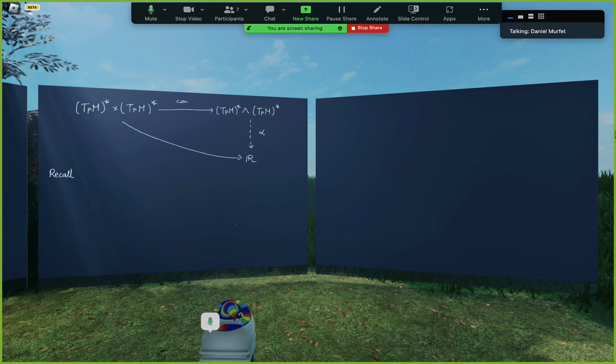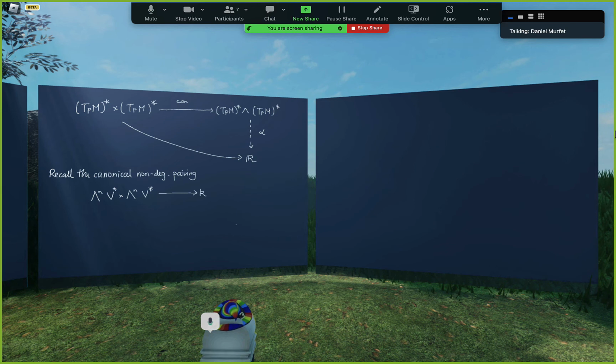Okay, now you need to recall a little bit of linear algebra. Recall the canonical non-degenerate bilinear pairing, for a vector space V, between the nth wedge product of V and the nth wedge product of V star.